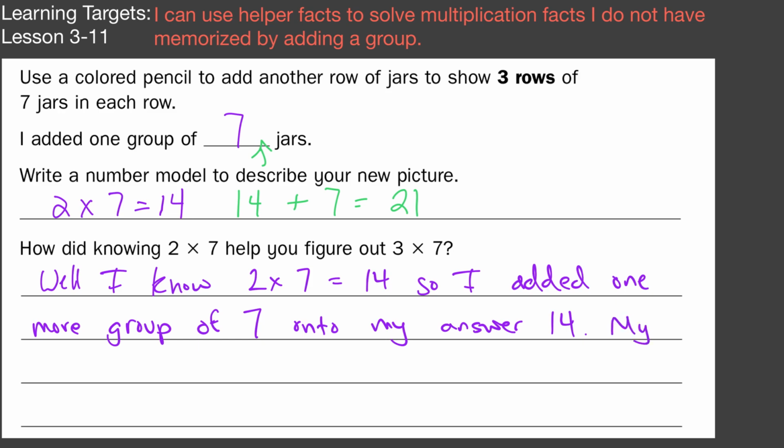My new number model is 14 plus 7 equals 21.